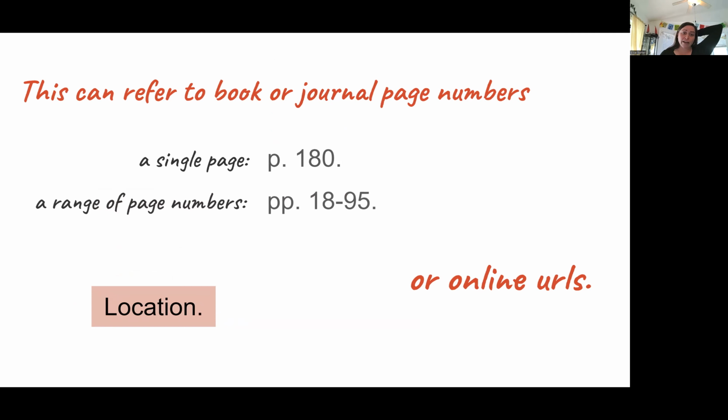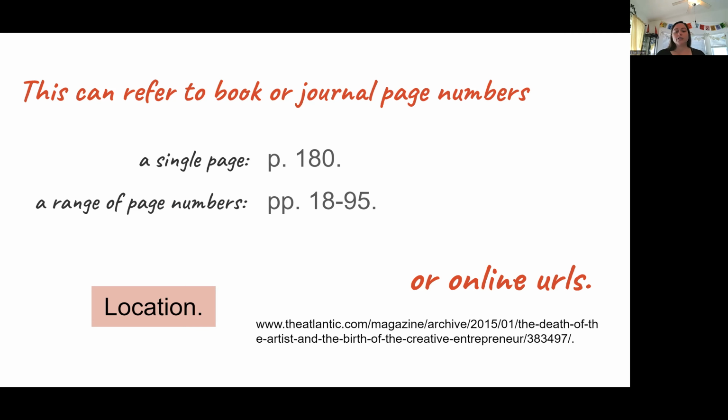But if you want to do a range of page numbers, if it's longer than just one page, you do pp. period and then the page numbers. Online URLs for a source, you copy and paste the entire thing in there and end it with a period. In this case, you will have a period following location every time that you include it.